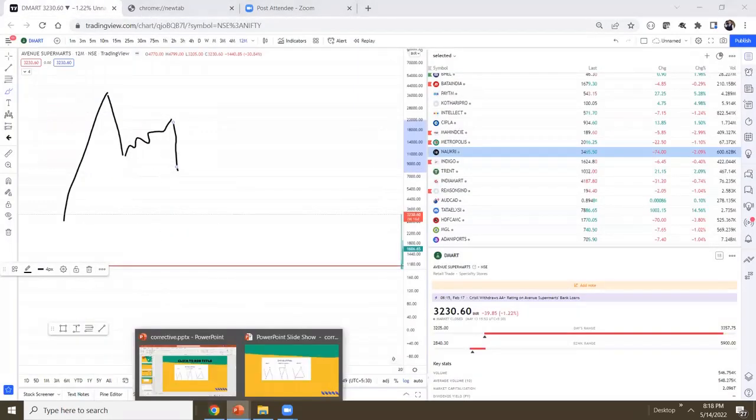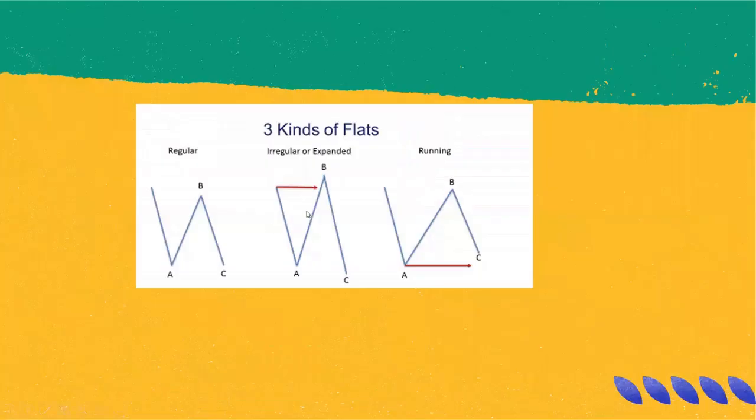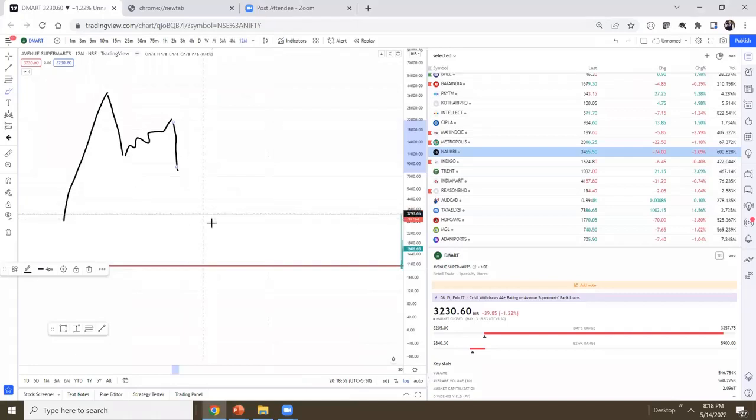So let us go to the second one, the irregular flat. The irregular flat is also the same. You will have an up move, then a down move. Up to this point both are the same. Then this correction part will go above this point.